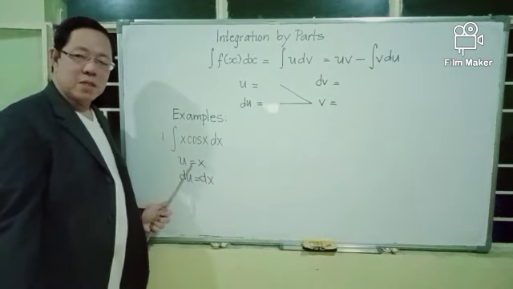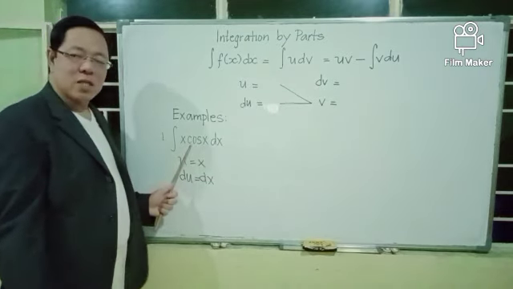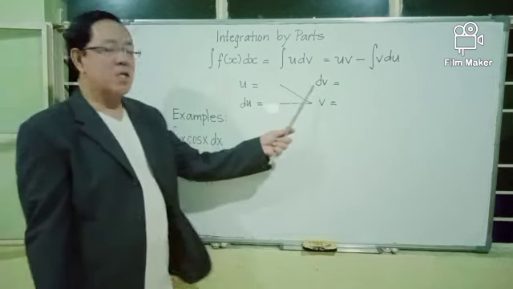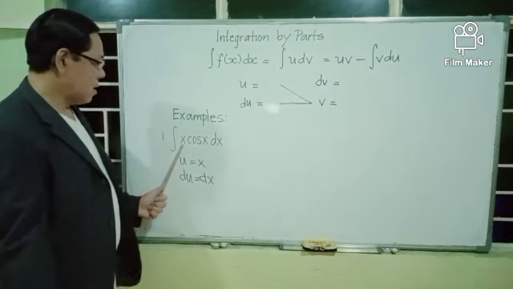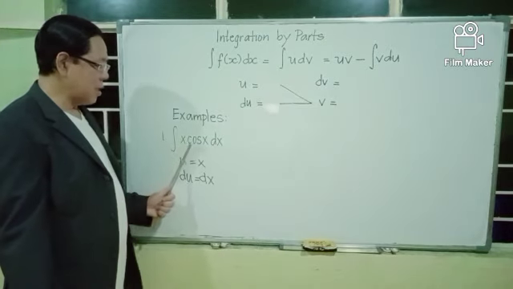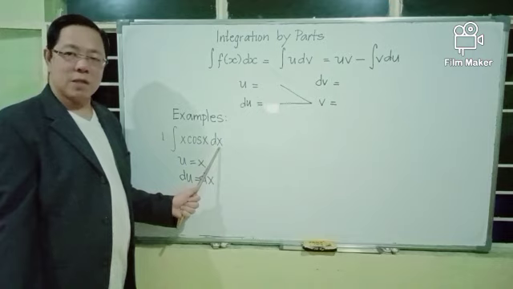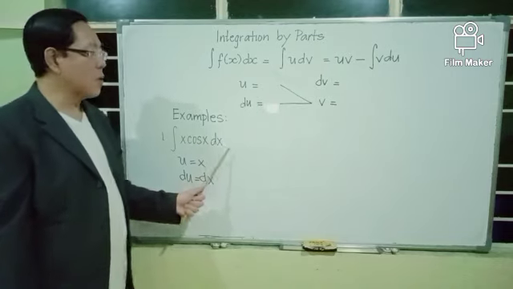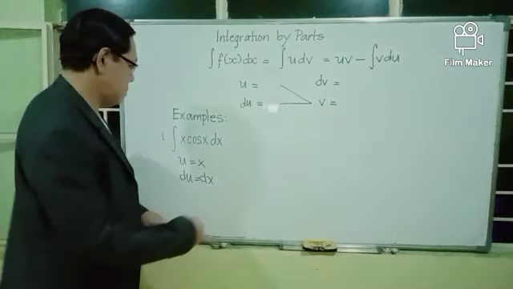So if u is equal to x, the remaining expression in the given integral, cosine x dx, will be your dv.